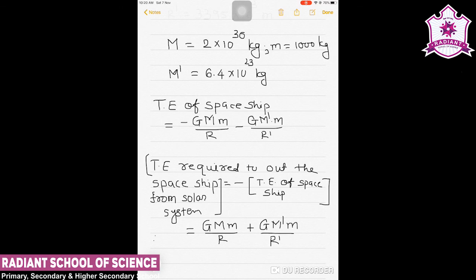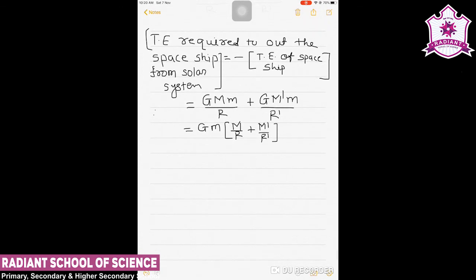Now we just simplify all the terms. When we simplify all the values, that is G small m times M over r plus M' over r', and put all these values together, we get 5.98 into 10 to the power 11 joules of energy.